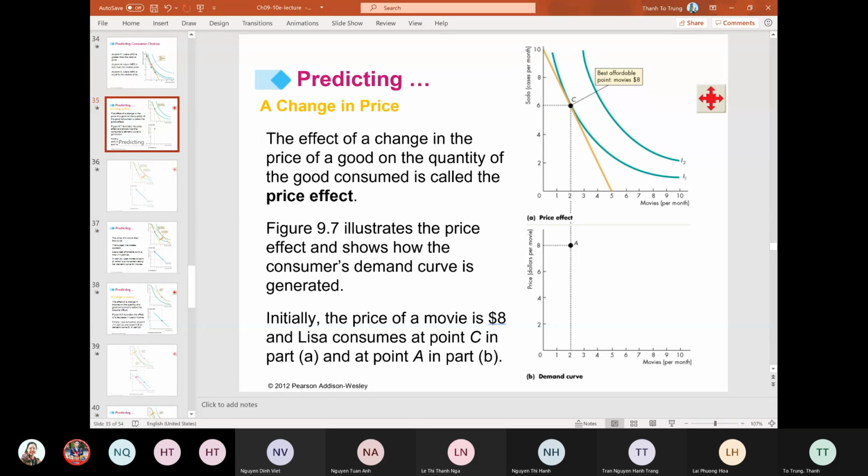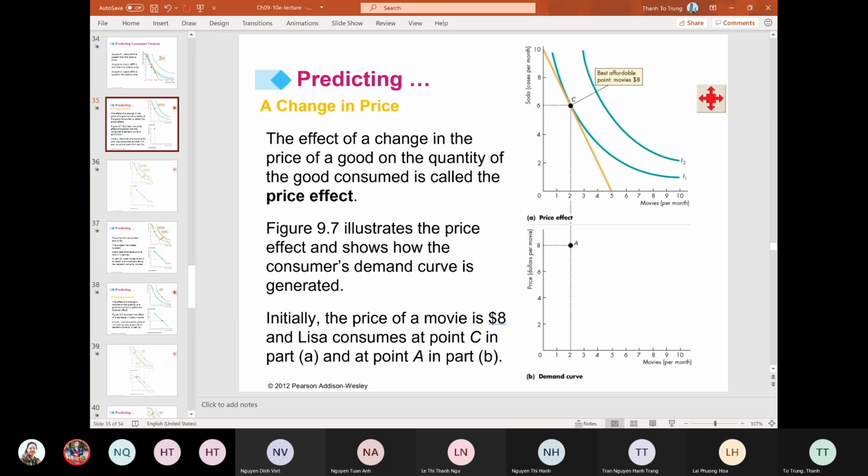The demand curve you started in microeconomics 1, you see a demand curve is downward sloping, and how to derive the demand curve? That's when we find out some points with different levels of the price, and given each level of the price, you find out the consumption level or the quantity that you buy at that specific price.